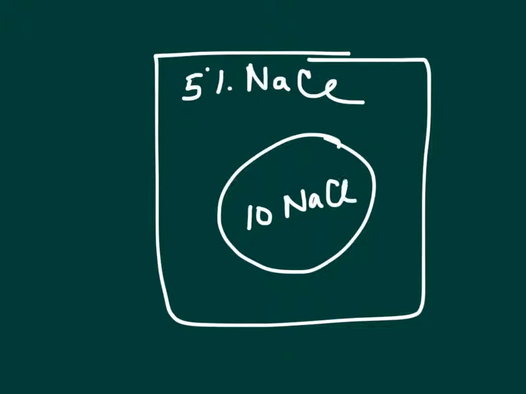There's my beaker, and there's my cell. And I will tell you that outside of the cell is 5% salt. And inside of the cell is 10% salt. But here's the problem. Salt can't freely pass the membrane because it's charged.